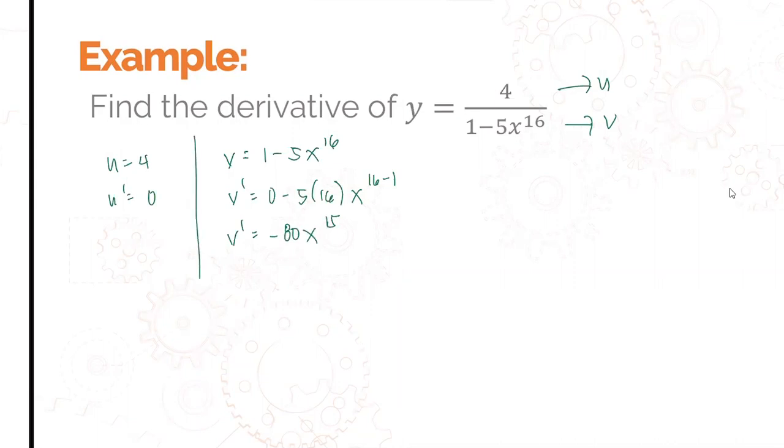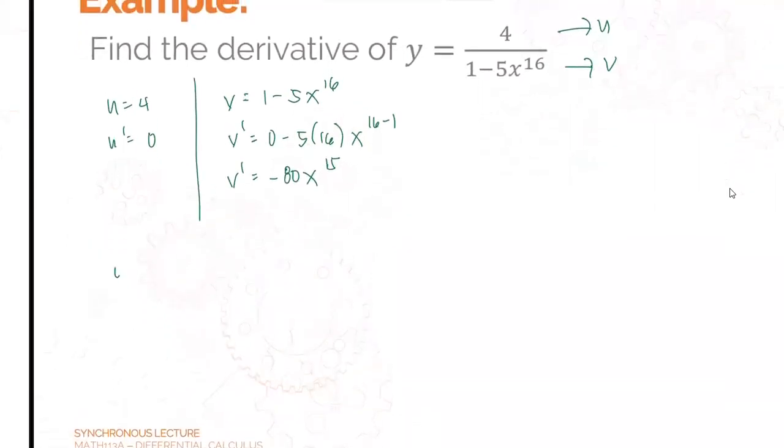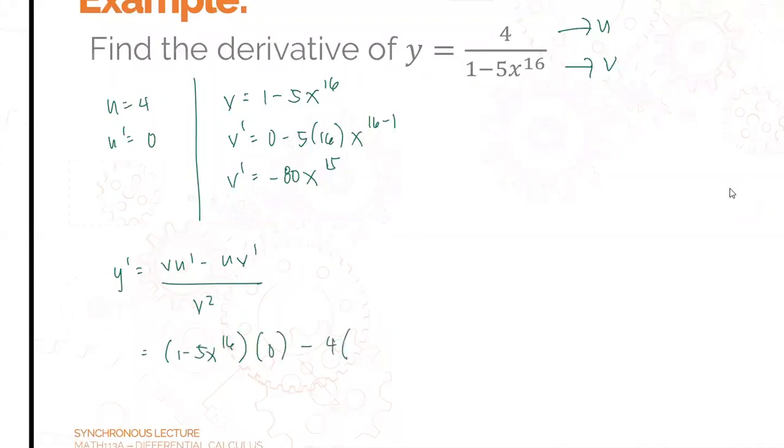Okay? Then we substitute. y prime is equals to v u prime minus u v prime all over v squared. So we have 1 minus 5x raised to 16 times 0 minus u natin is 4 times v prime negative 80x raised to 15 all over v squared natin is 1 minus 5x raised to 16, raised to 2.